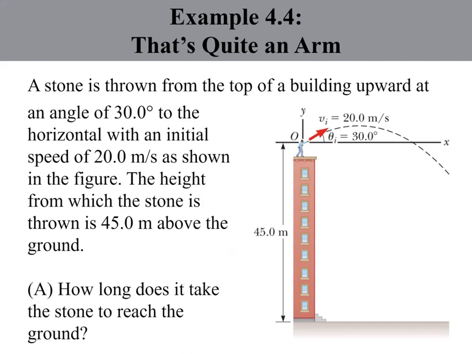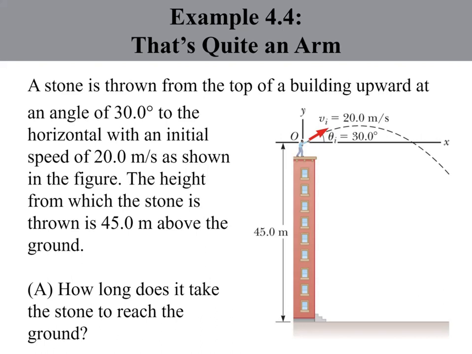Okay, so now we have an example of a full projectile motion, where a stone is thrown at an angle of 30 degrees with an initial speed of 20 meters per second. So this speed is at an angle of 30 degrees.